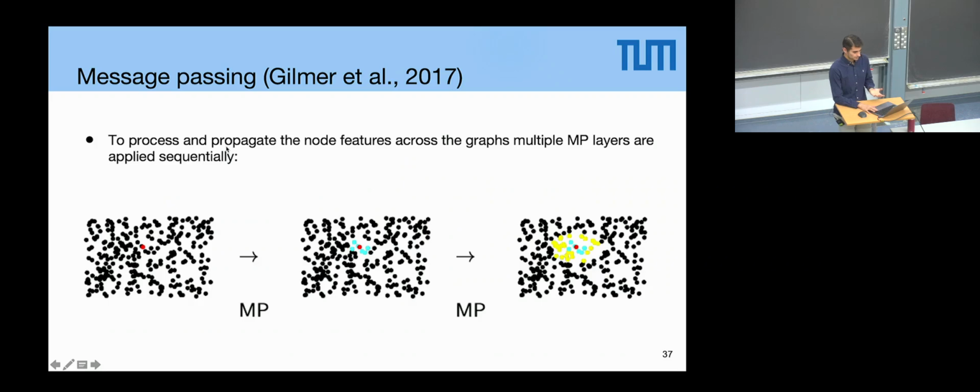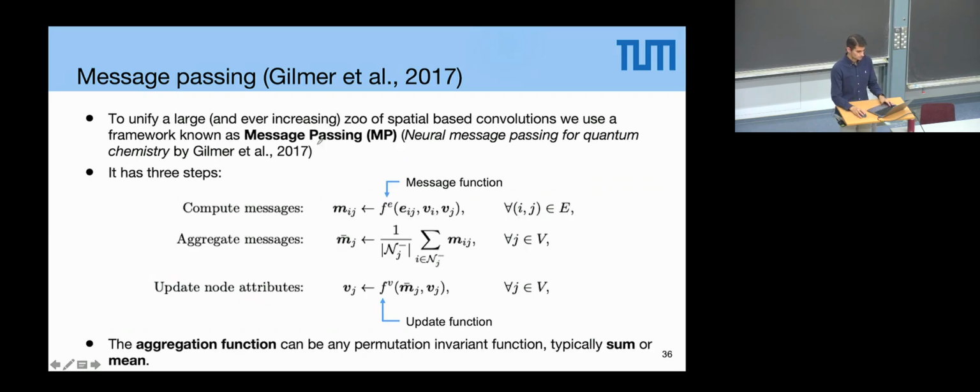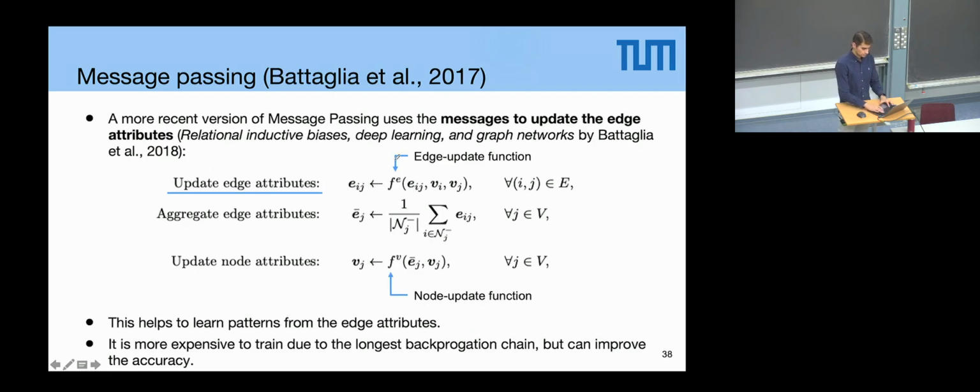Based on the algorithm that we had before, at each message passing layer we compute a message which we use to update the value of the node features, but the next time we apply a message passing layer, we will need to compute another message from zero using whatever edge features we have, like the relative position between the nodes. Instead, what Peter Battaglia was doing here is, after computing the message, use that message to update the value of the edges.